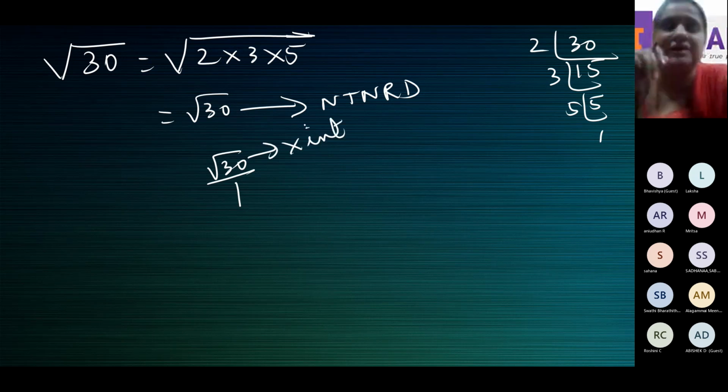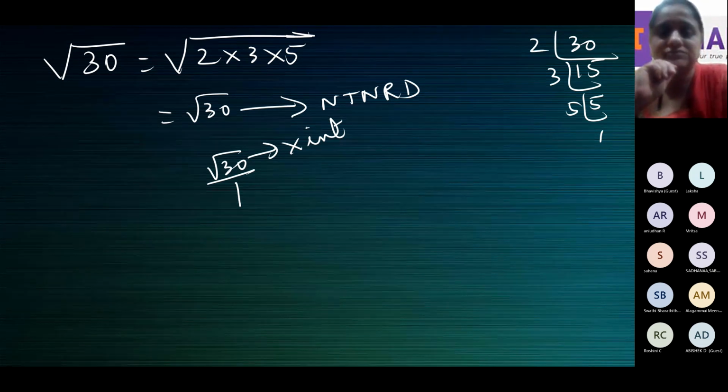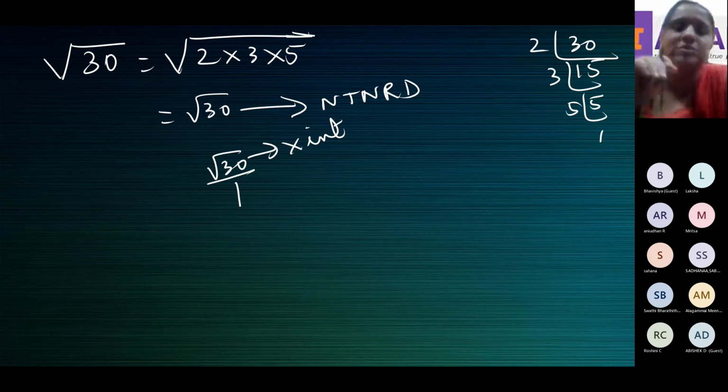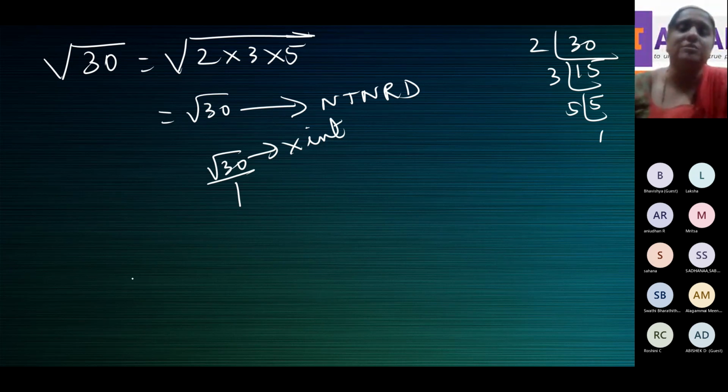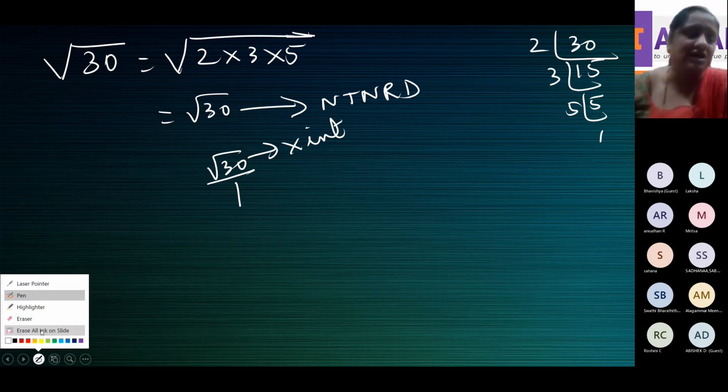It should have an integer by integer form. If it does not, it's not a rational number. Then it is irrational. The value of root 30 is a non-terminating, non-repeating decimal, and so this is irrational.